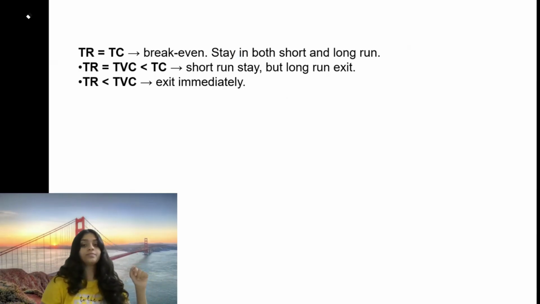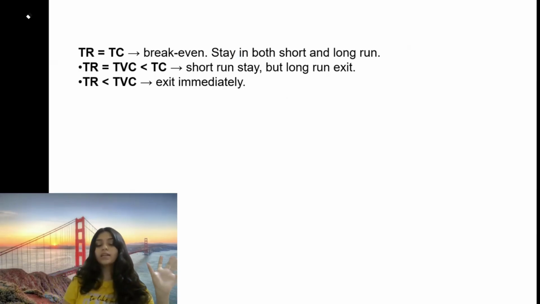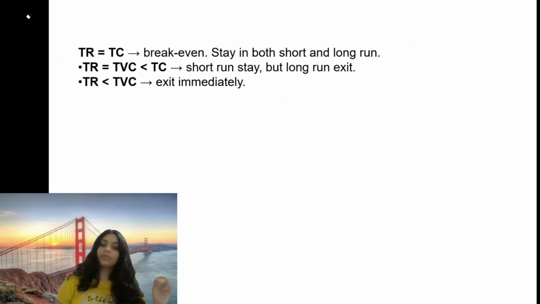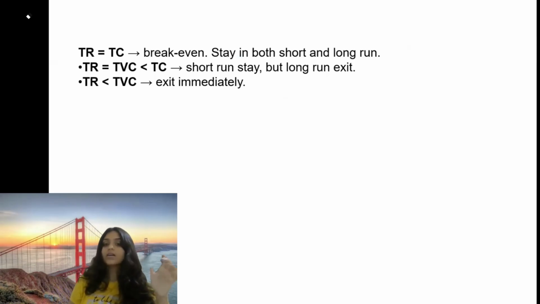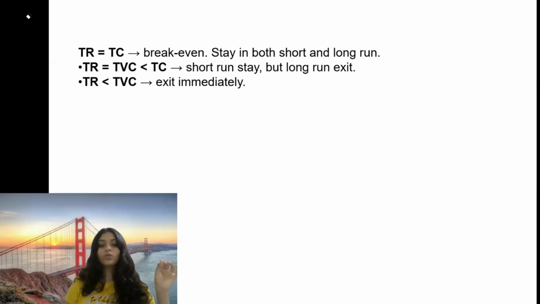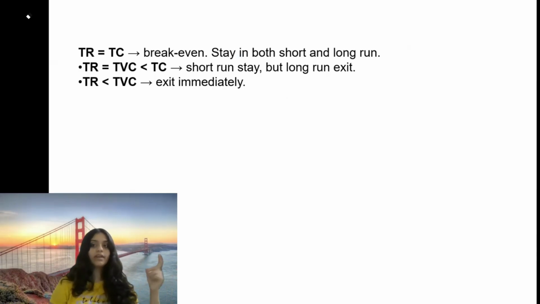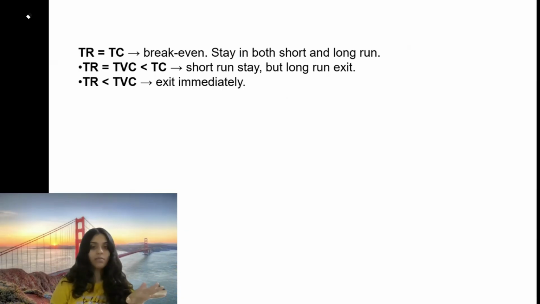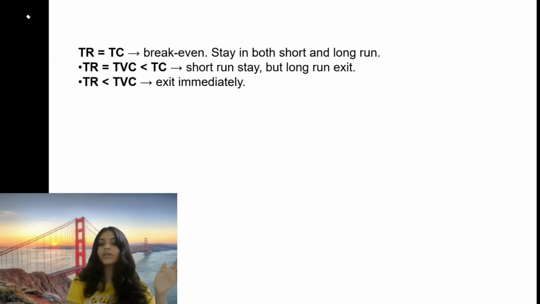Technically, in long run, all of the costs that the business has to bear are variable costs, and technically then total revenue will be less than total variable cost, correct? So in long run they have to exit. Then when total revenue is less than total variable cost, for both short run and long run you have to exit the market. Let's take an example of it.